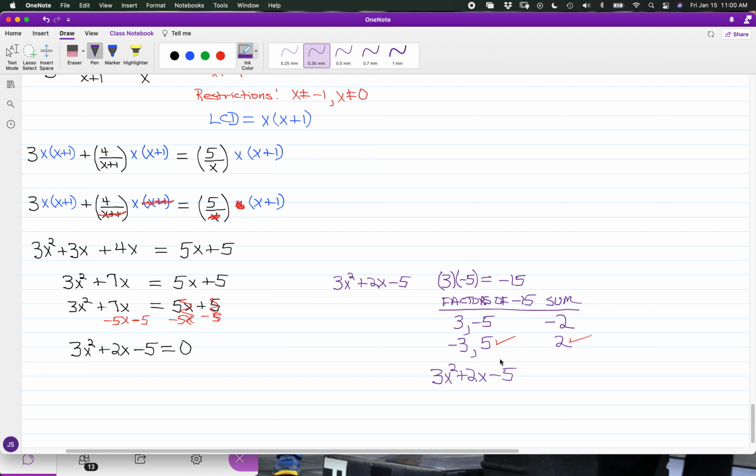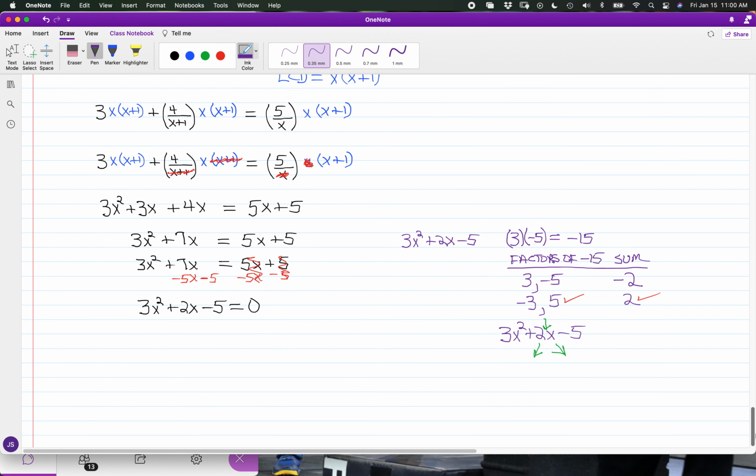And if I take the coefficients negative 3 and 5 and form x terms upon splitting 2x, okay, so we have 3x squared minus 3x, and we have plus 5x minus 5, and crossing over to what we have in the grouping.